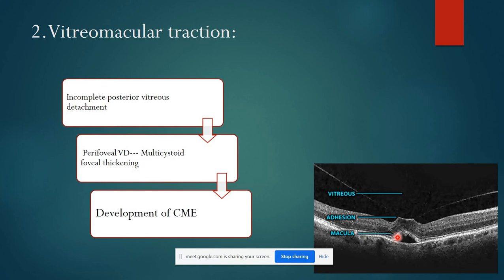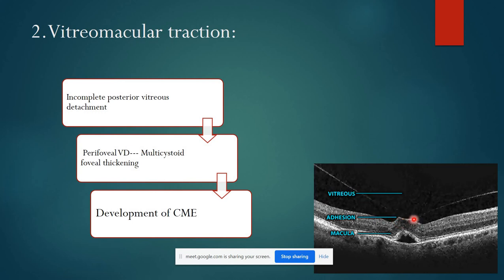If it is a complete PVD, there is no problem. The entire vitreous gets detached, and there is no damage to the retina. When it is an incomplete vitreous detachment, see here, there is vitreous detachment in this area, whereas here there is an attachment.